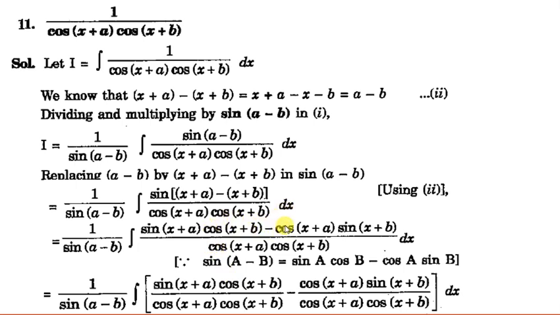Then separate the terms and divide it by the denominator. In the first term cos(x plus b) gets cancelled, and in the second term cos(x plus a) gets cancelled, and this becomes tangent(x plus a), and here it becomes tangent(x plus b).